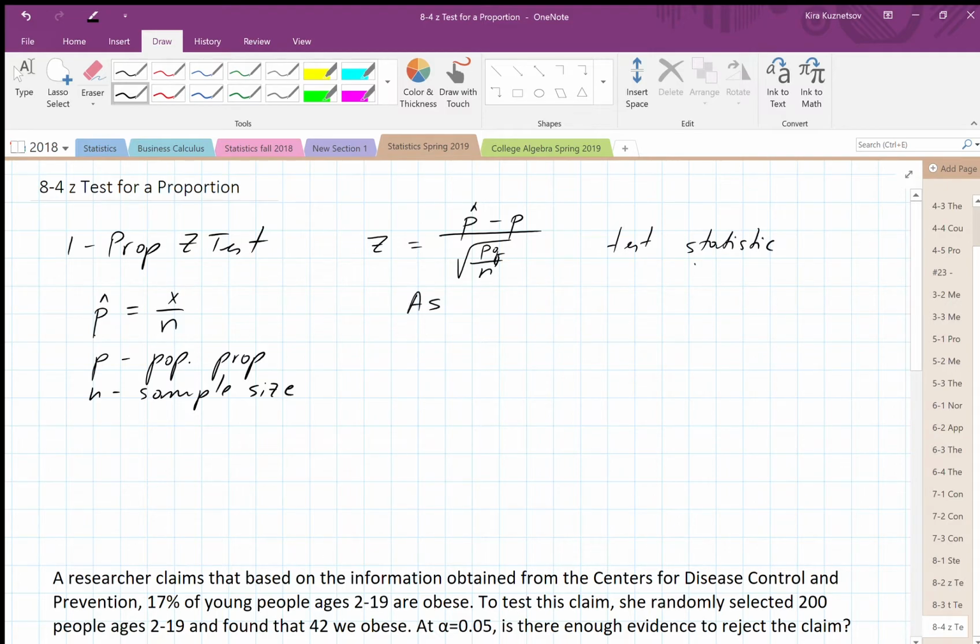In order to perform the z-test for a proportion, you have to follow the following assumptions. First, it has to be a random sample. This one will be assumed for all of the problems in this book. Second, this is a binomial experiment.